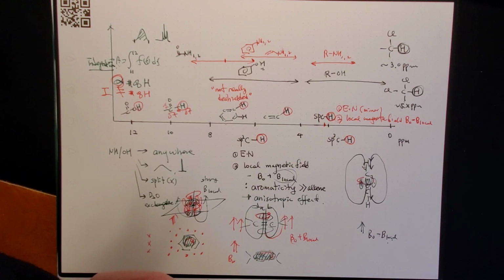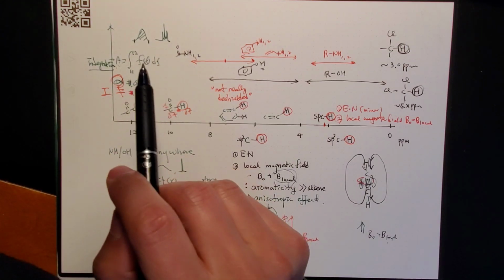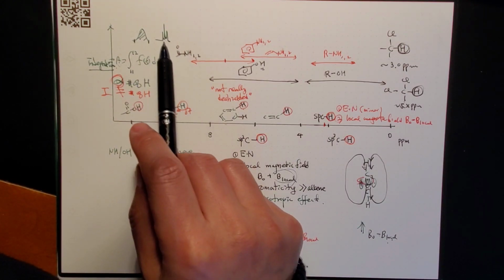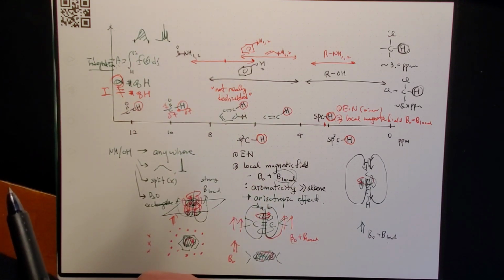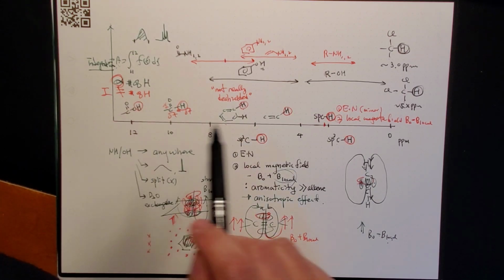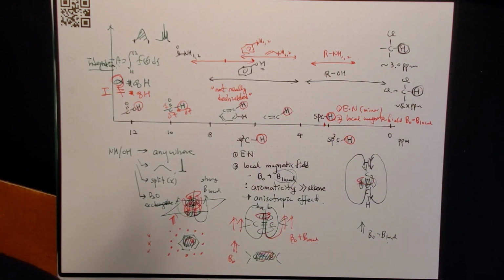And normal CHs have sharp signals, as a singlet or multiplets, depending on the neighbors. So the chemical shift is an indication of how close your hydrogen of interest is to an electronegative atom, or how close it is to the double bond, and so on.